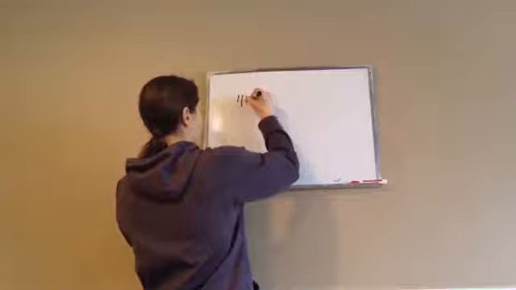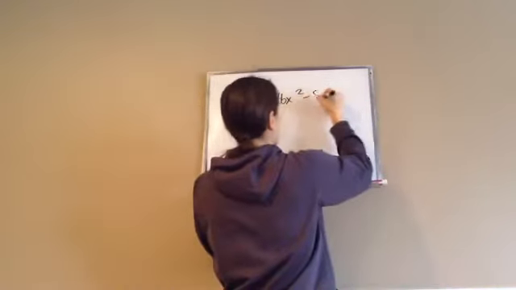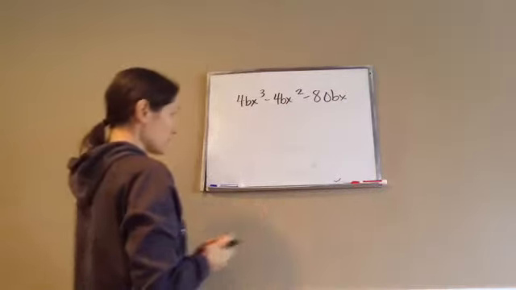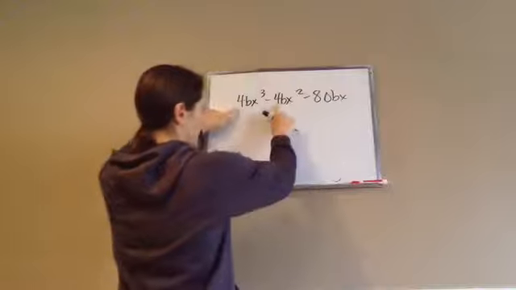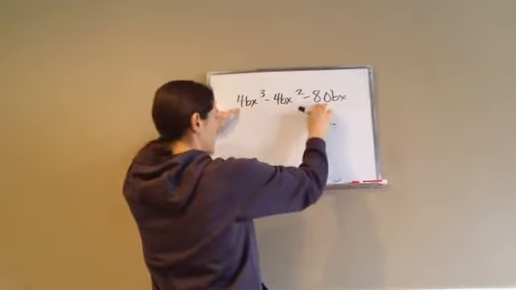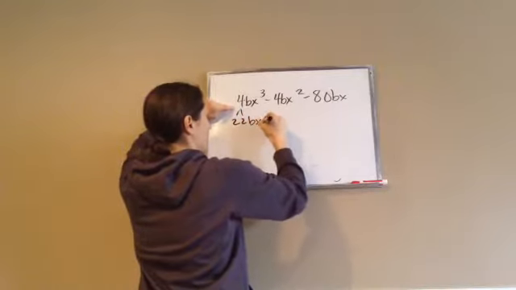Here we go. Now, it's going to get a little bit harder, so make sure you're paying attention. 4bx cubed minus 4bx squared minus 80bx. A good thing to do, because we can even factor out or pull out things that are common between these, is to make this 2 times 2 times bxxx.